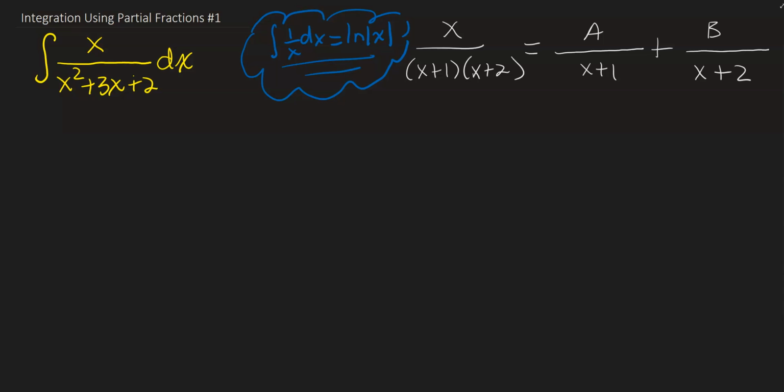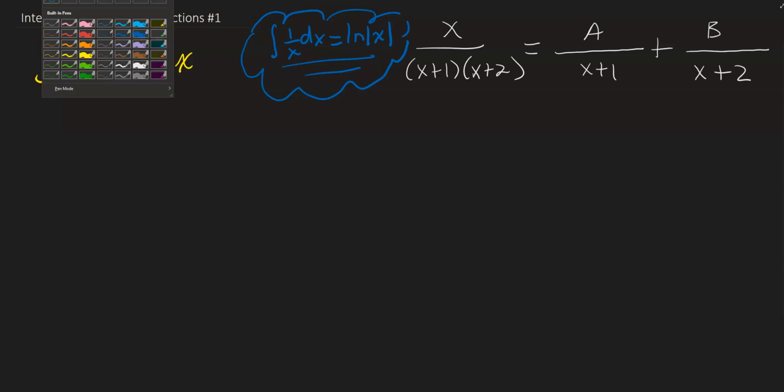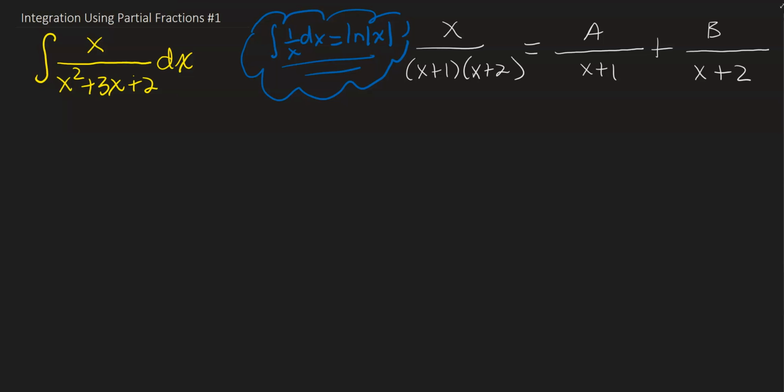fractions together on the right hand side, and if we did that, then A would need to be multiplied by x plus 2 and B would need to be multiplied by x plus 1, and then the denominators will be the same, so that we now just compare the numerators, meaning it has to equal the x on the left hand side, right?